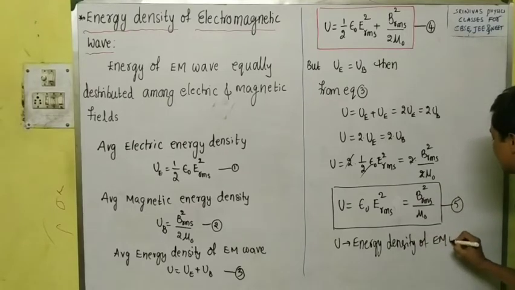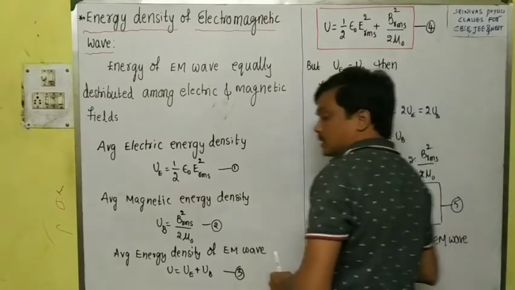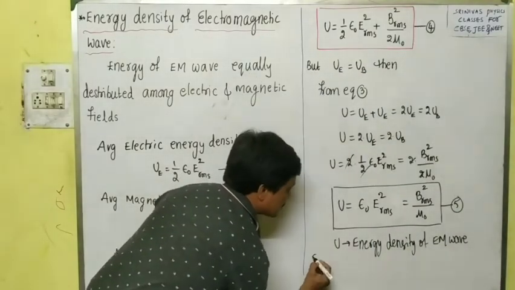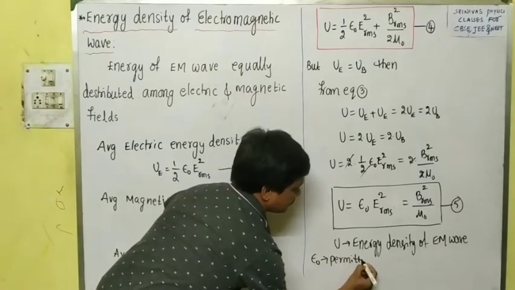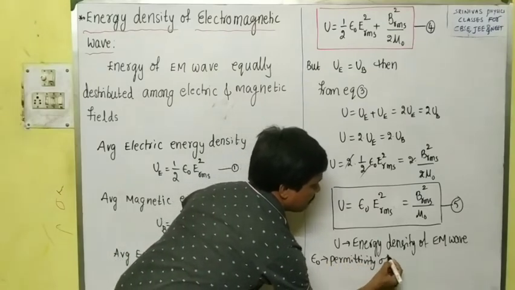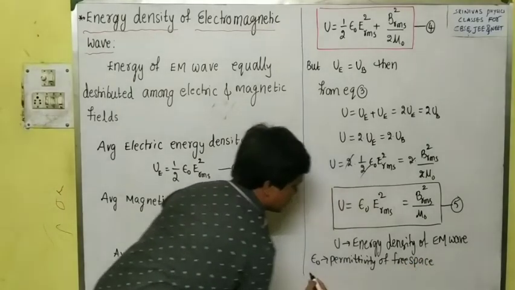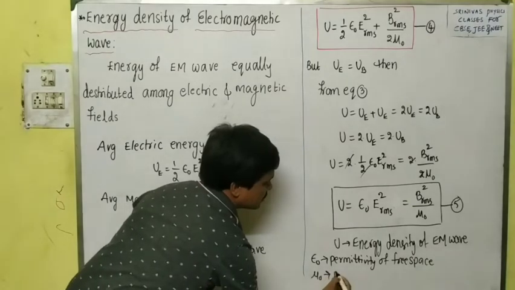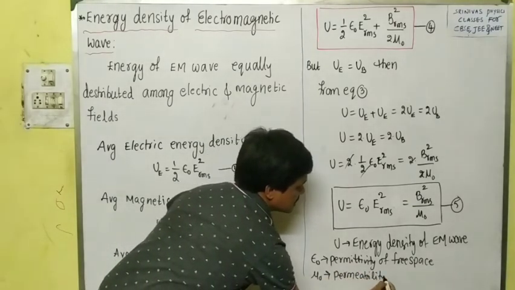Okay, right. What is epsilon naught? Epsilon naught is the permittivity of free space. What is mu naught? Permeability of free space.